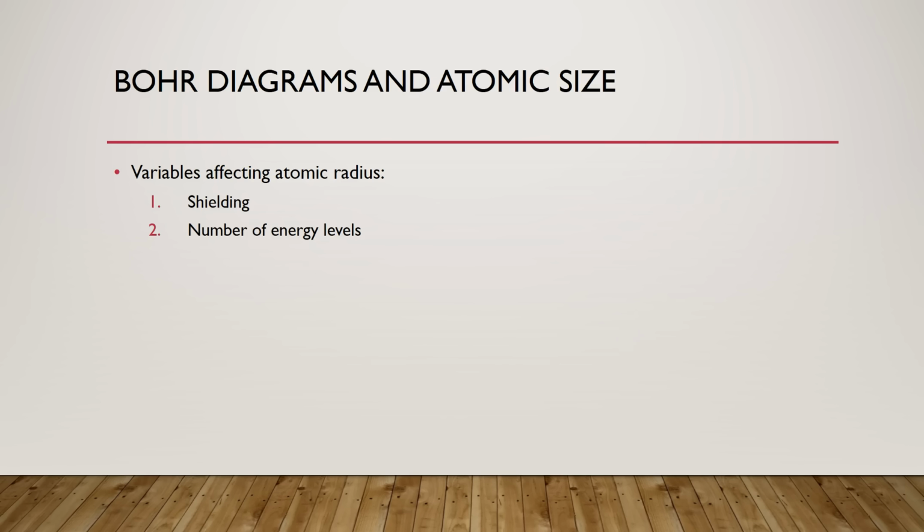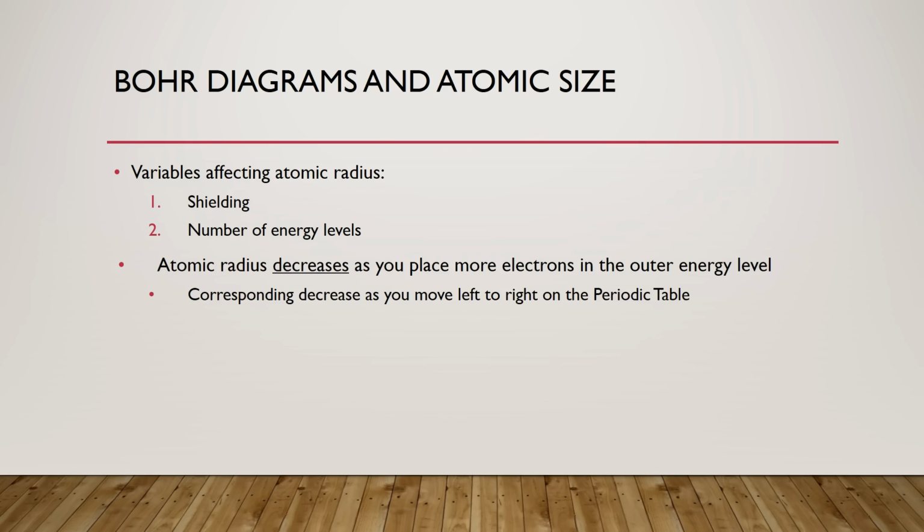Okay. So there's 2 things that are going to affect how big your atom is, the radius from the nucleus to the outermost electrons. One of them is shielding, and the second thing is the number of energy levels, or the number of rings that we would draw on our Bohr diagram. All right. So the atomic radius decreases as you place more electrons in the outer energy level, okay?